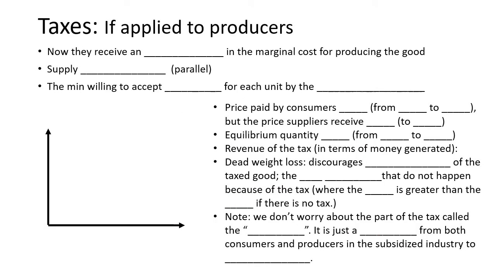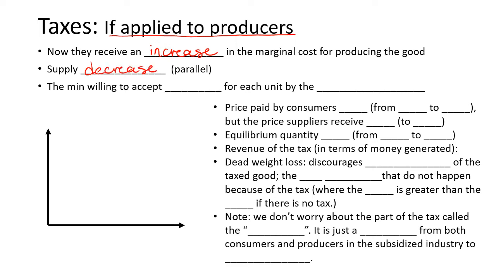We'll work through both a tax and a subsidy in a graph, but we're going to start off with taxes. Taxes can be applied to the buyers or the sellers. We're going to do the producers first. So this is a tax on making and selling a good. Now our producers are going to receive an increase in the marginal cost for producing a good, which means that our supply is going to decrease.